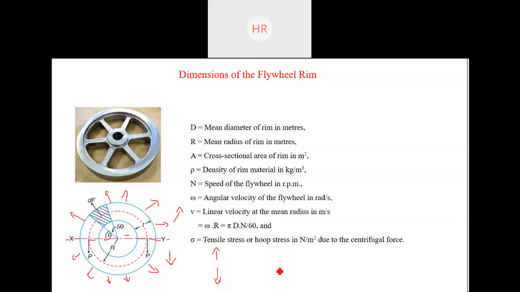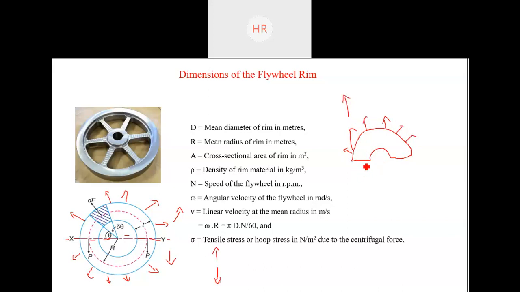Now, if I split this flywheel rim about line XY, it will look like a half donut. I have removed the below part. This half portion is experiencing centrifugal force in outward direction, and its resultant force will be in upward direction.